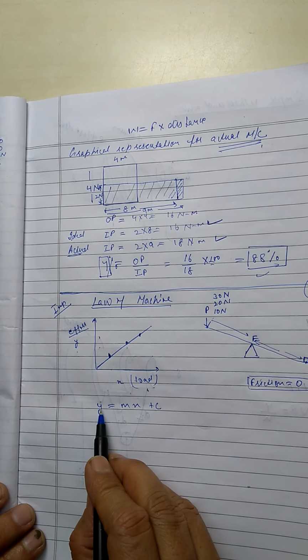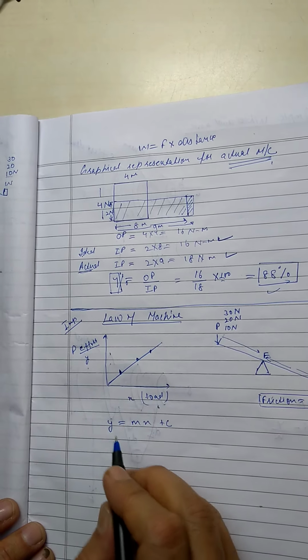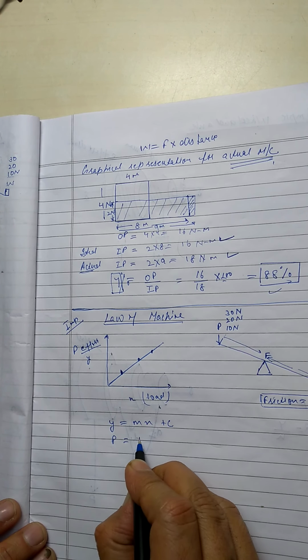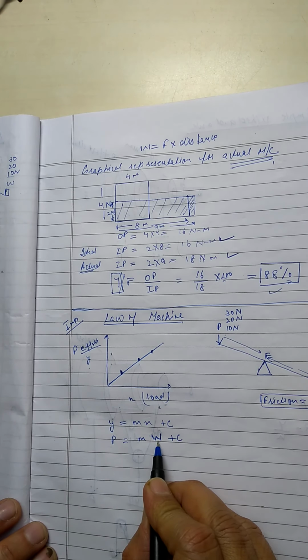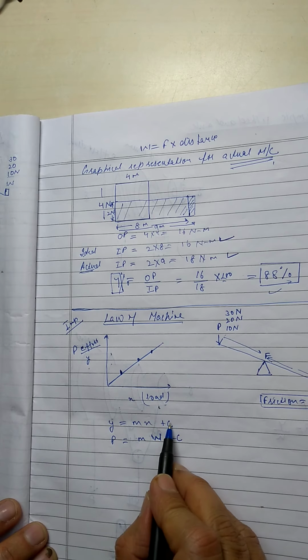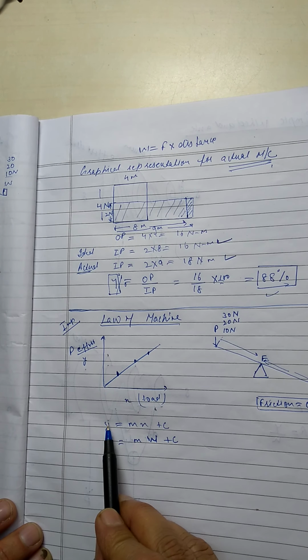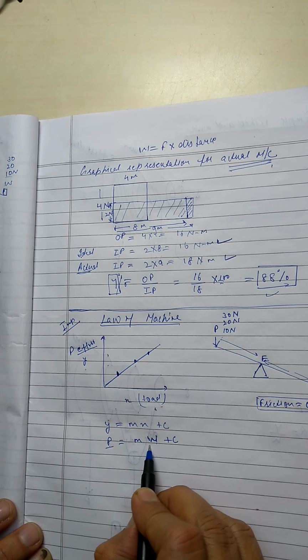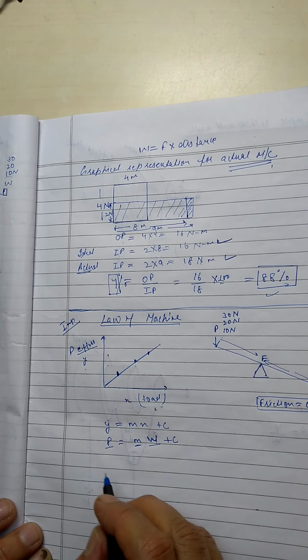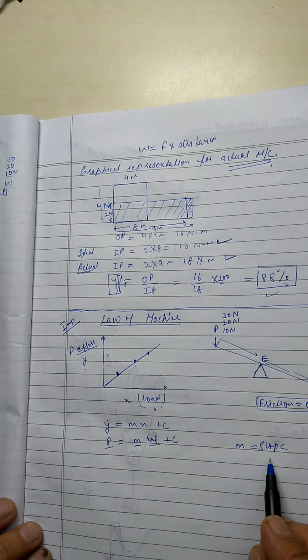The y-axis represents the effort P, so instead of y we can write P is equal to mW plus c, where W is the weight which is lifted by an effort of P. As y represents the effort and x represents the load, instead of y we write P, and instead of x we write W. So this is the effort, this is the load, and m is the slope of the line, or the slope of the graph.